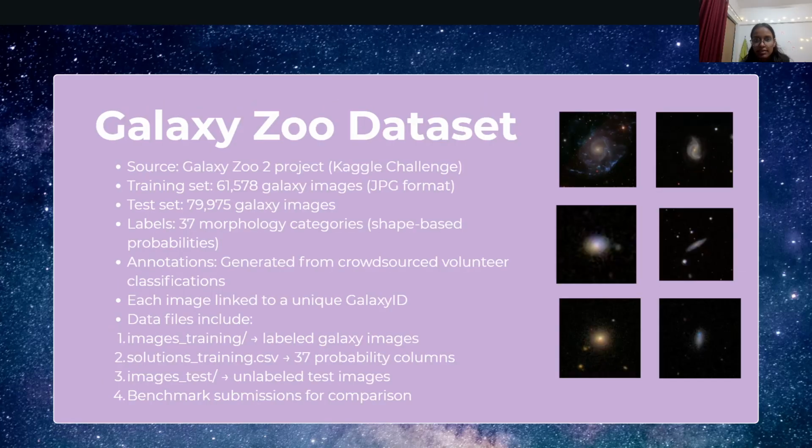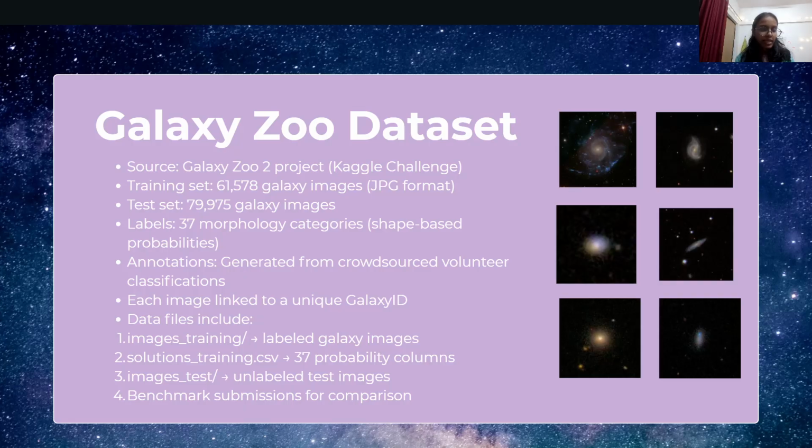Let's see the dataset that I have used. In my project, I have used the Galaxy Zoo dataset, which is available on a Kaggle Challenge. It's a large-scale astronomy dataset designed for galaxy morphology classification.